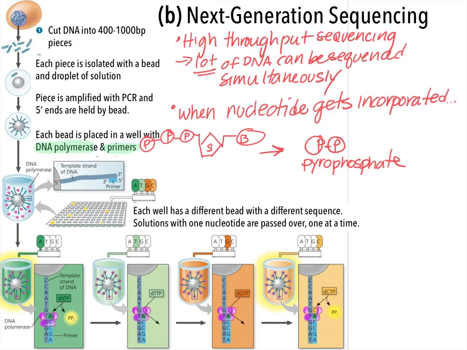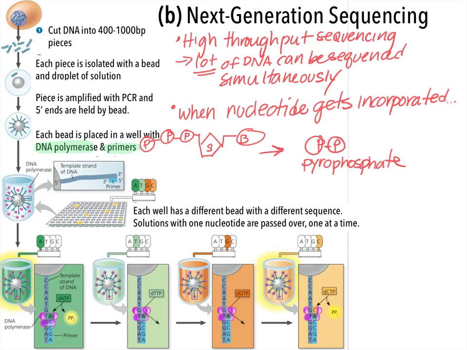And this time it's going to be a nucleotide containing thymine. And the same idea. If thymine is the right nucleotide in any of the sequences, then we'll see a flash of light in those wells where thymine was incorporated, because a pyrophosphate was released.